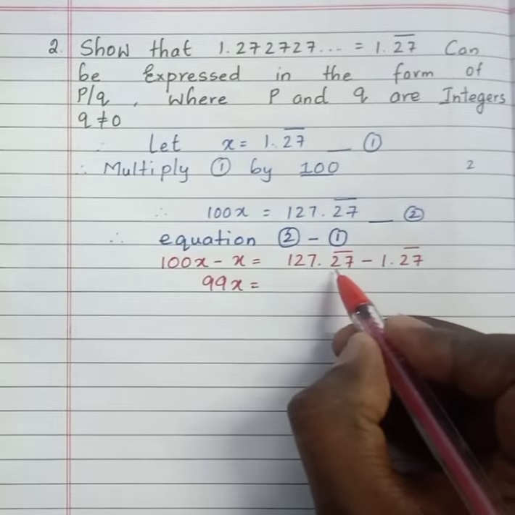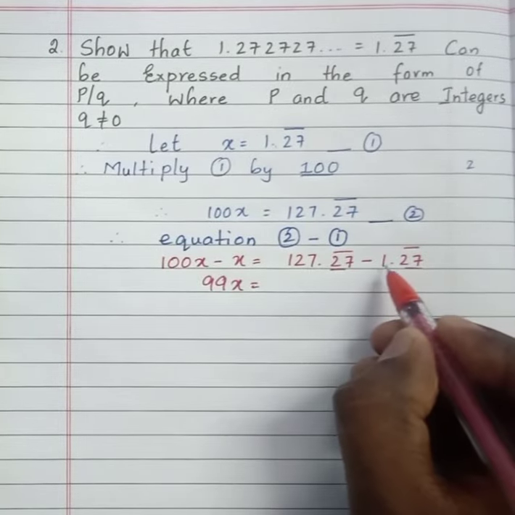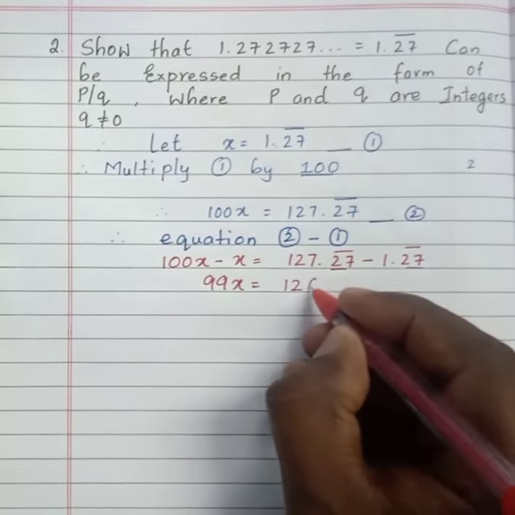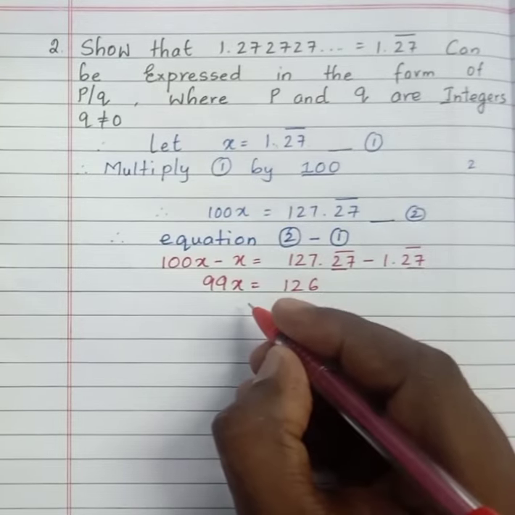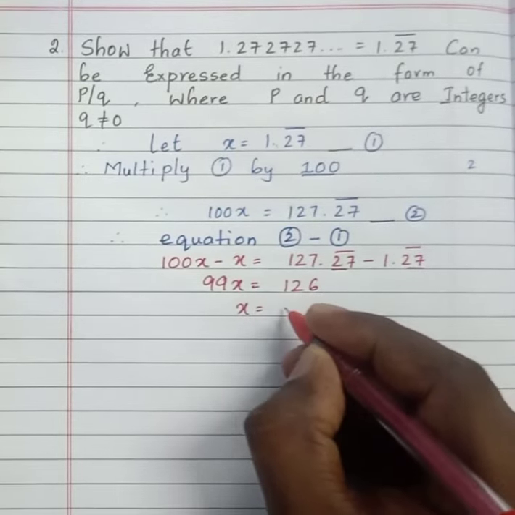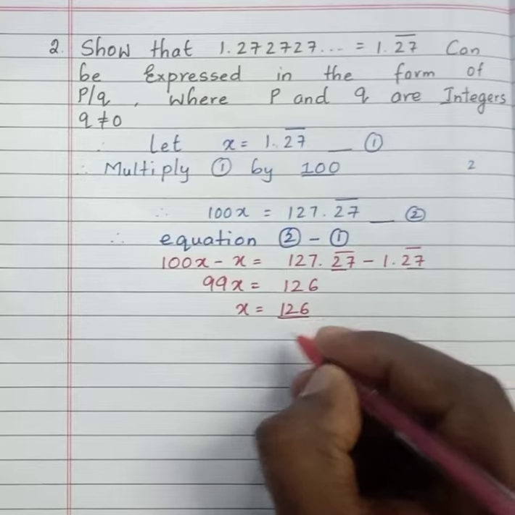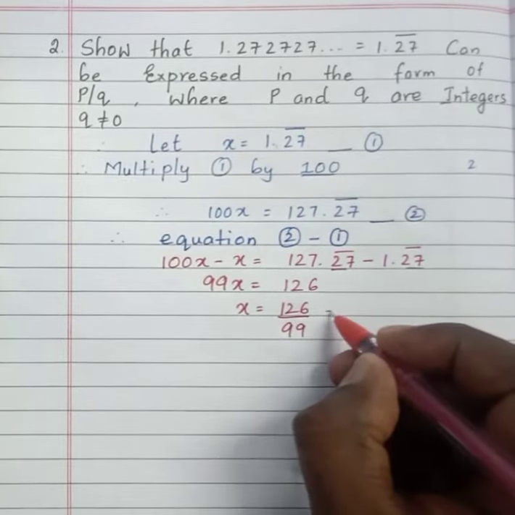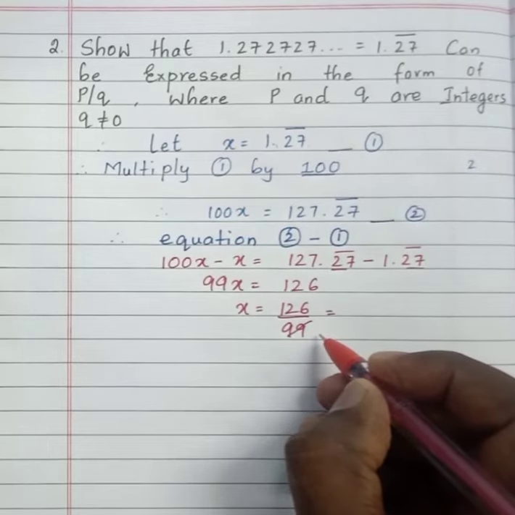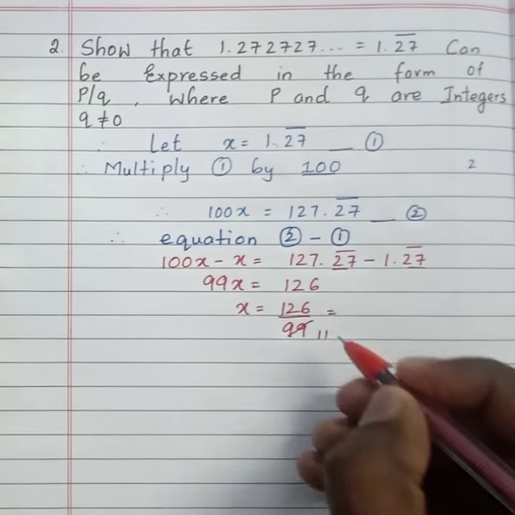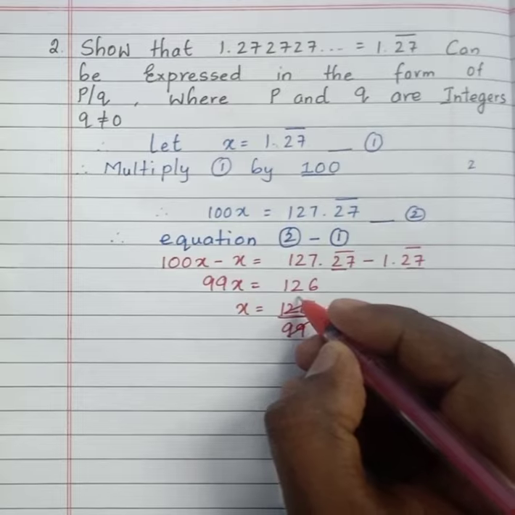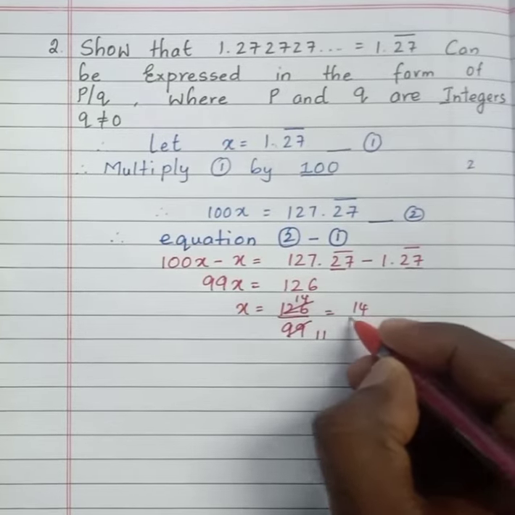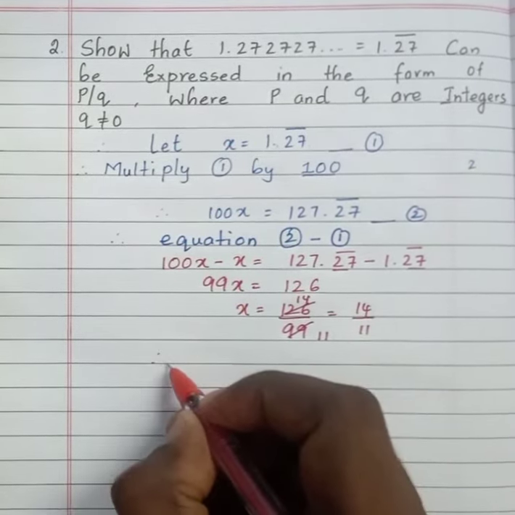Now 127 minus 1 is 126. 27 recurring minus 27 recurring will cancel out. We get 127 minus 1 is 126. x equals 126 divided by 99. Now we have a common factor, 9. 9 elevens are 99 and 9 fourteens are 126. We get x equals 14 by 11.